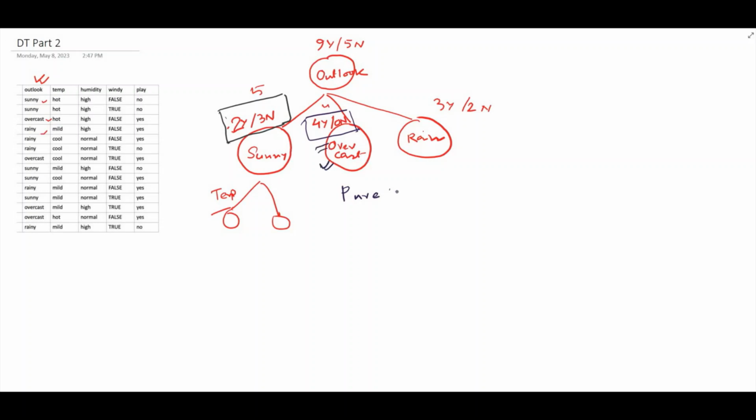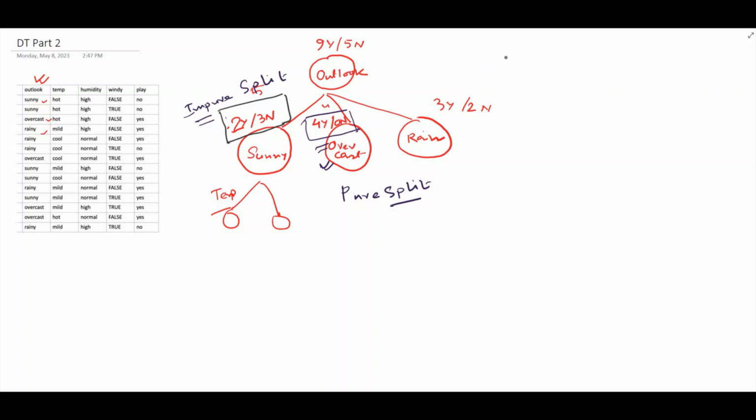So this is a pure split, whereas this one is an impure split. This is the main thing. Understand this up to the pure split and impure split.